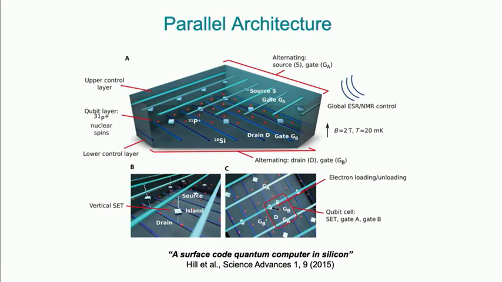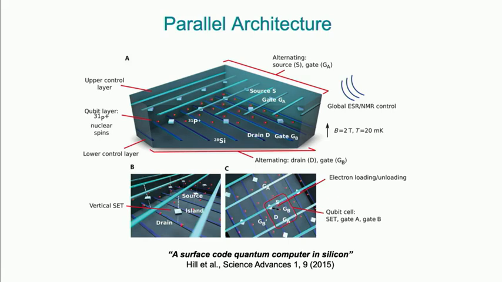One of the problems that you have with these types of devices, or the difficulties you have when you're thinking about different architectures to go to error correction, is you've got both a blessing and a curse from the size of these devices. So it's a blessing in that you can build very small devices, but it's a curse in that you need to run in enough controls in order to control the devices that you've got. And so in this architecture, what we're trying to do is make the best use of our control elements.